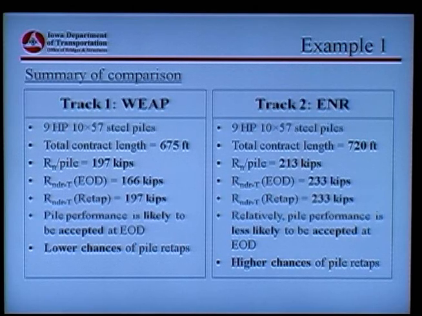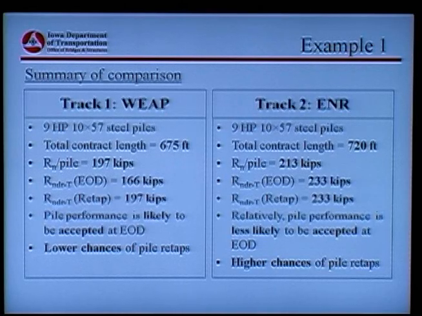The geotechnical resistance using the blue book is 197, whereas 213 is calculated. The target driving resistance at end of driving is 166, whereas 233 is required. If you retap, the target resistance at 1 day is 197, versus a much higher target driving resistance of 233 if the ENR formula is used.